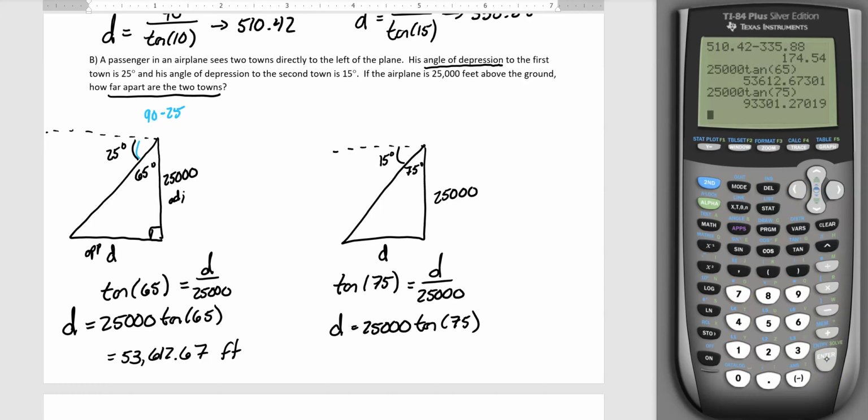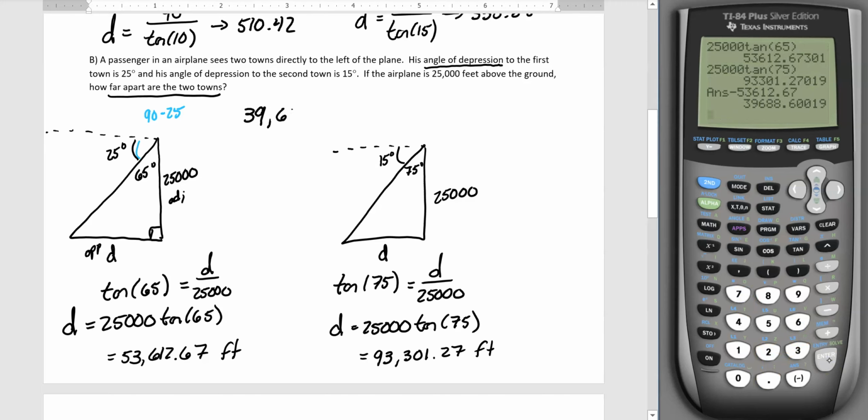Oh, wow, look at that one. 93,301.27 feet. So we will subtract the 53,612.67, and we will learn that the towns are 39,688.60 feet apart.